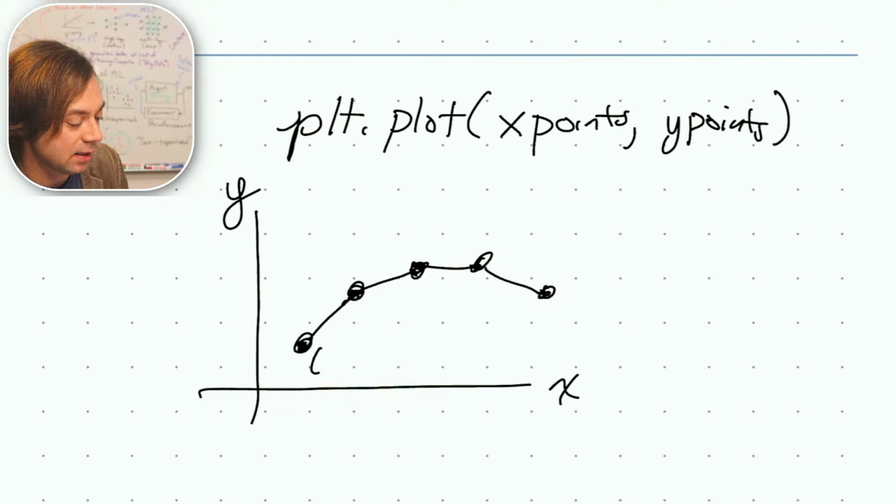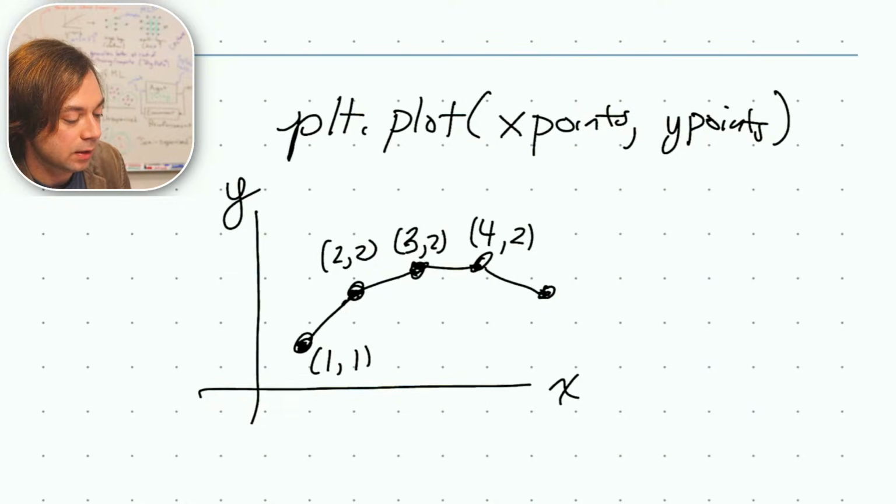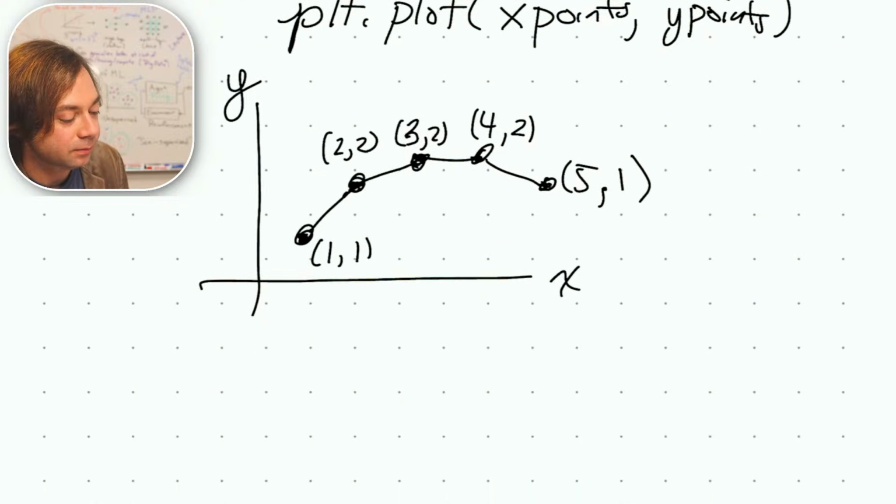So let's just say that this here, that's 1, 1. And this here is 2, 2. And this is 3, 2, etc. Right? And let's just keep going. This is 4, 2. And this is 5, 1. It's a bit of a skewed plot right there. Okay? Right? So what are your X points?